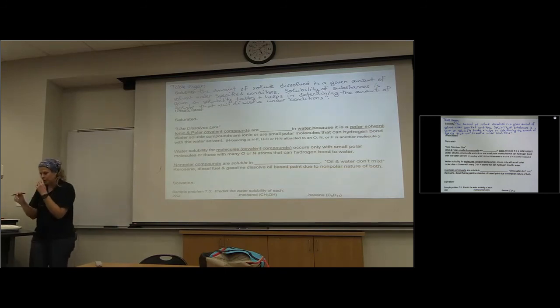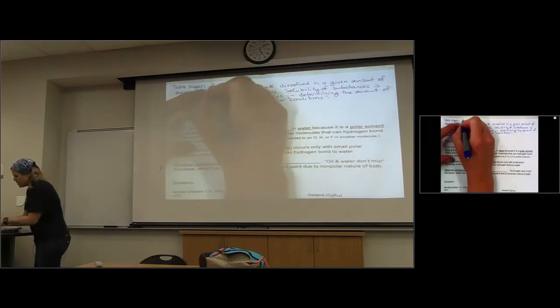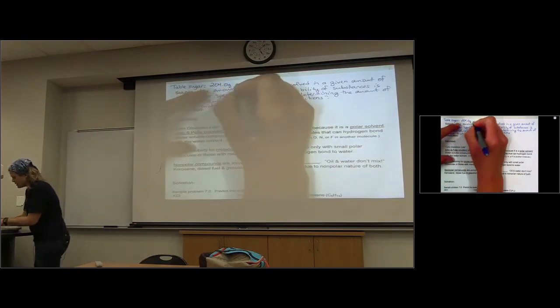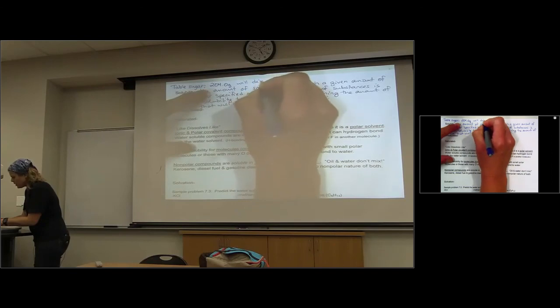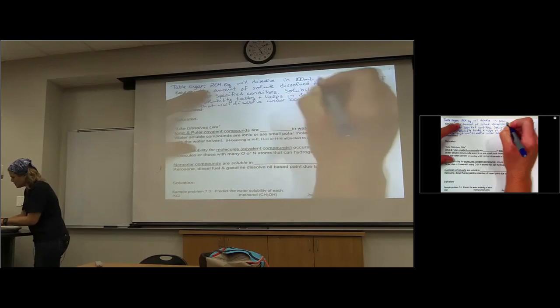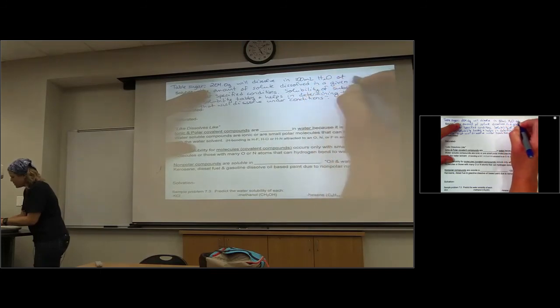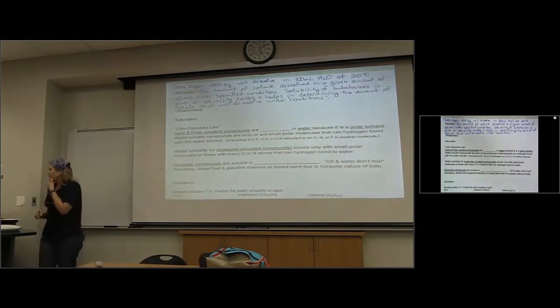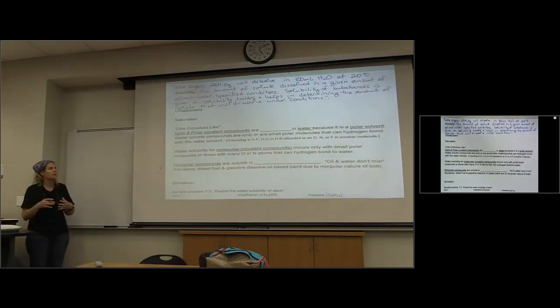That's what I'm going to show you. Table sugar, 204 grams, will dissolve in 100 milliliters of water at 20 degrees Celsius. That is the solubility of sugar.